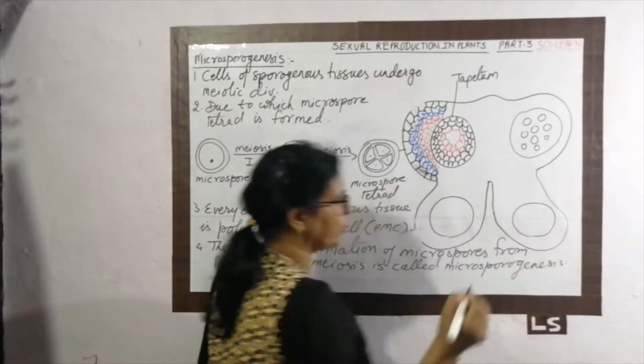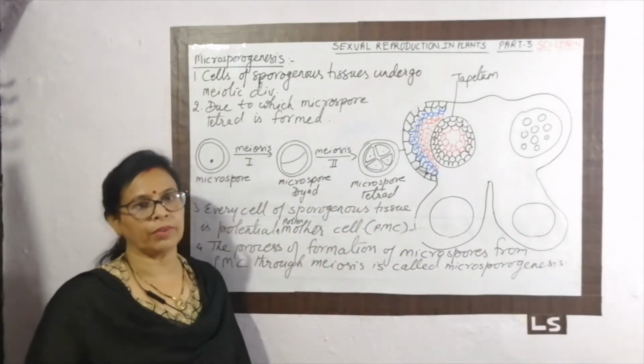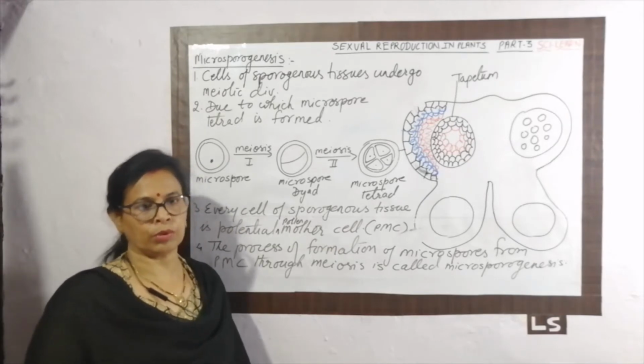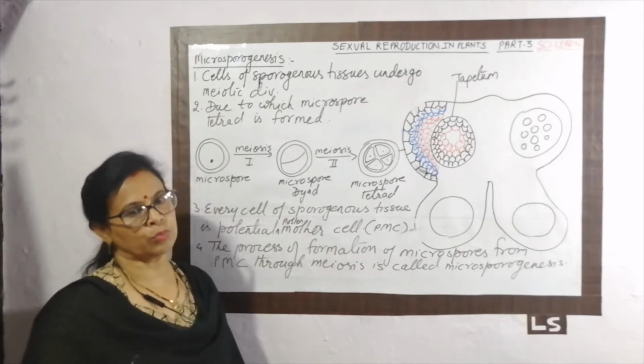What is the simple definition of microsporogenesis? Simply, the formation of the spore or the pollen is called microsporogenesis.